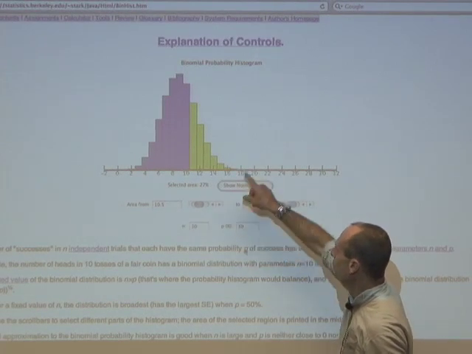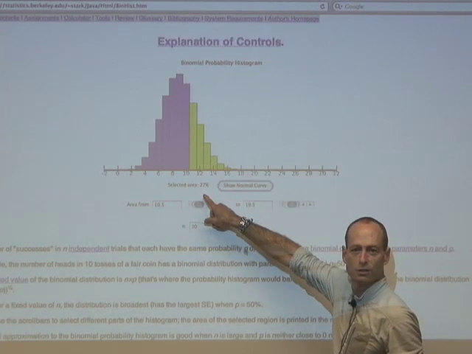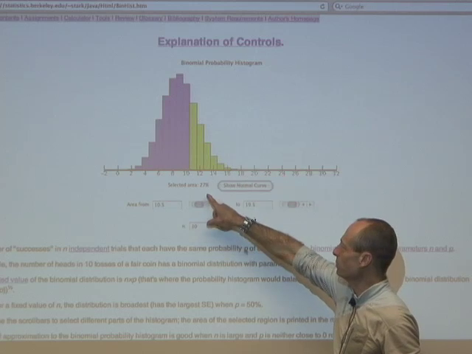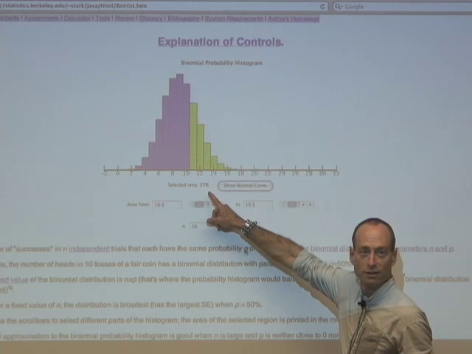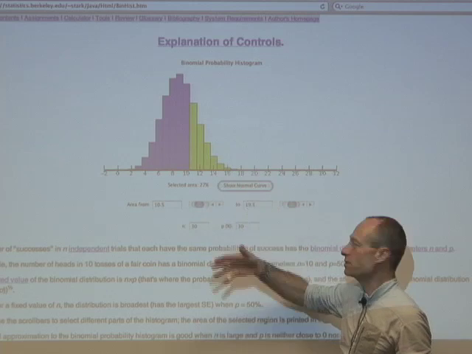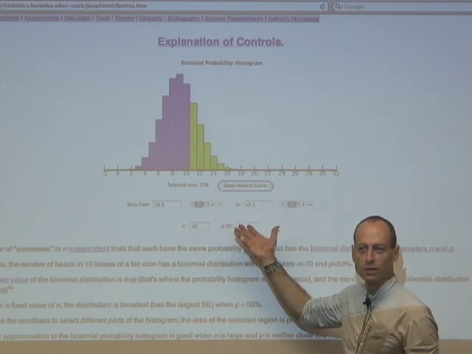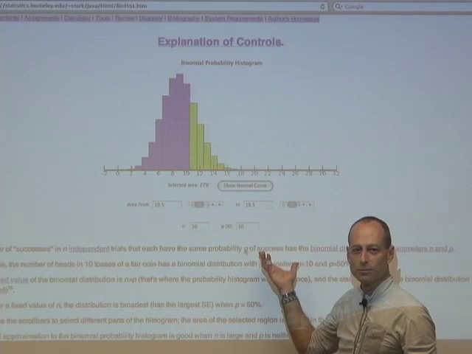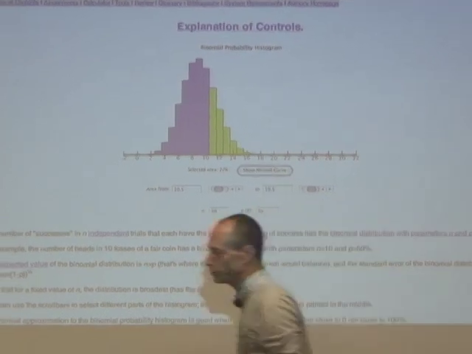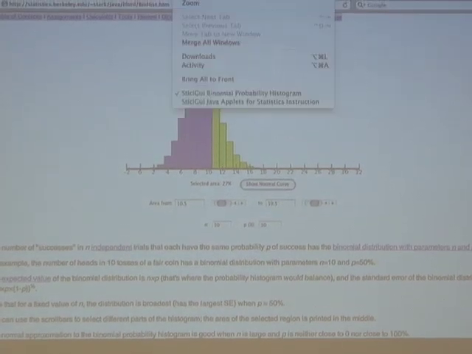So the chance that I do reject the null is 100% minus this. Just like before, the chance that I would reject the null was 100% minus 90.1. The chance I would reject it is 100% minus 27. So I would have a 73% power against the alternative hypothesis that the chance that this coin lands heads is 30%. Does that make sense to everybody? Chance of rejecting the null when that particular alternative is true. All right.